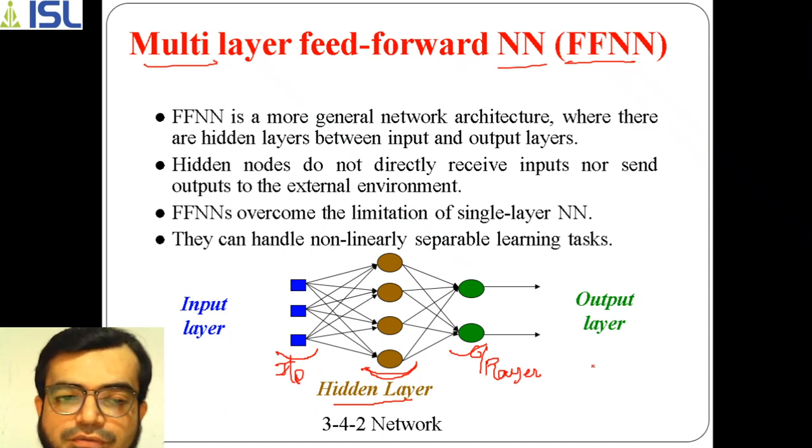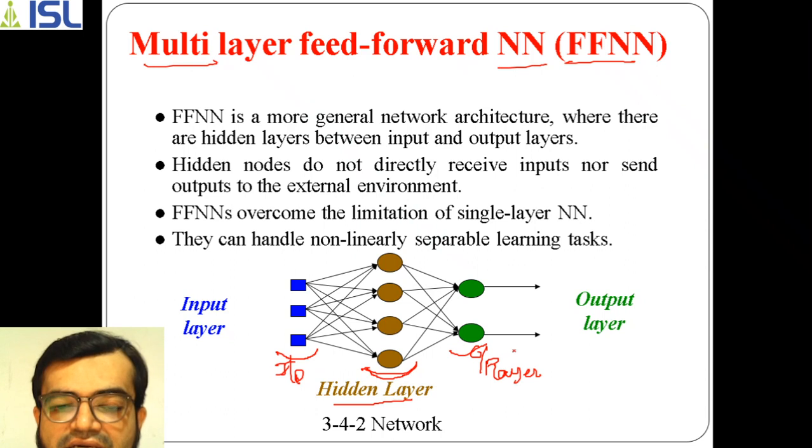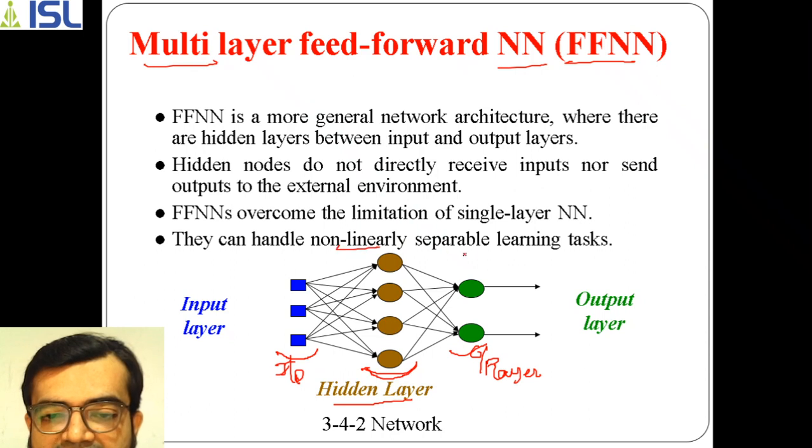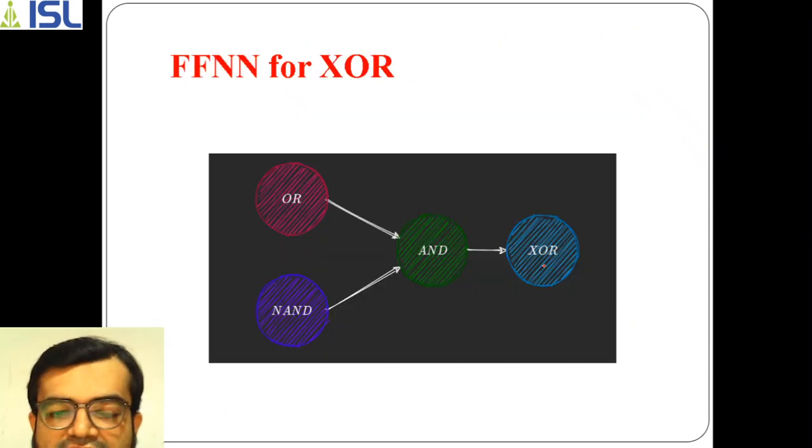So the main task of the multi-layer feed-forward network is that it handles non-linearly separable learning tasks. It handles non-linearly separable tasks. For that, we will see how the XOR function actually works here.